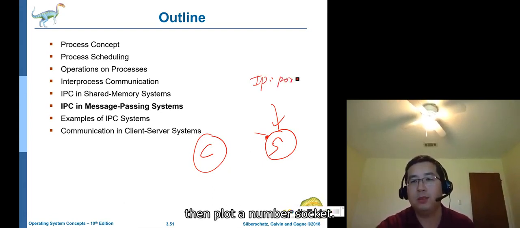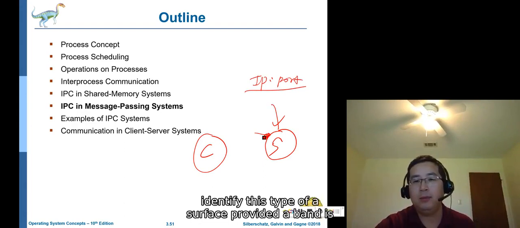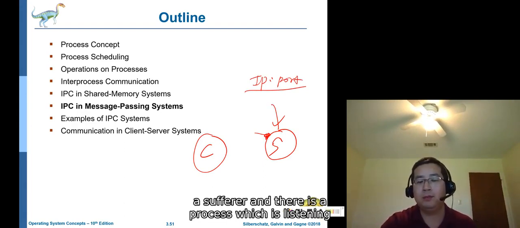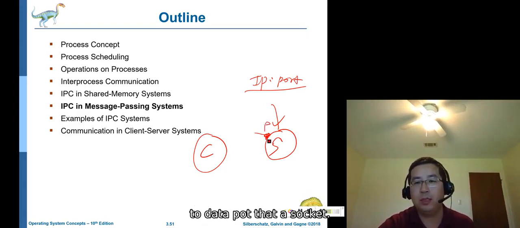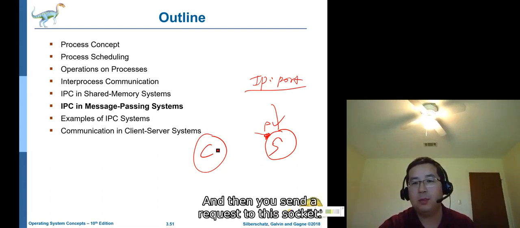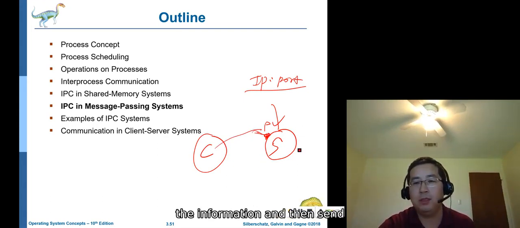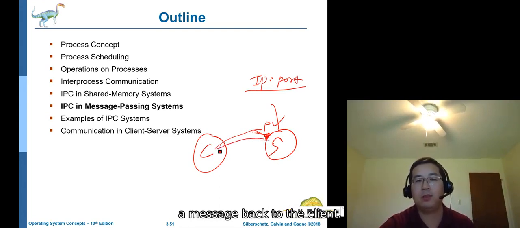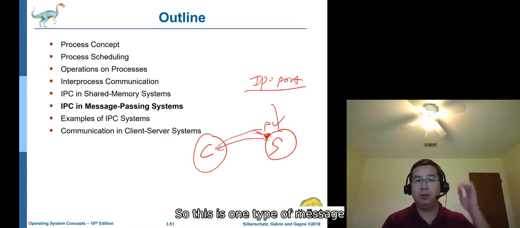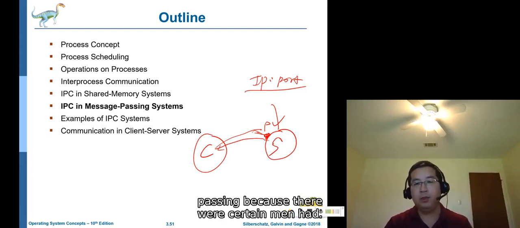This is a socket, so it identifies the type of service provided by this server. A process is listening to that port, that socket. Then you send a request to this socket, and it will receive the message, find the information, and send the message back to the client.